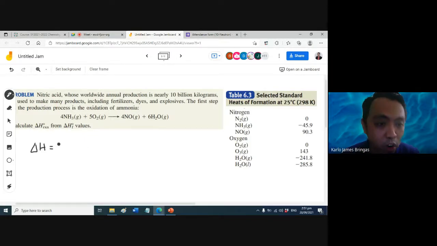So before you compute, siguro better na i-dictate muna natin. So delta H is all of the products minus all of the reactants.